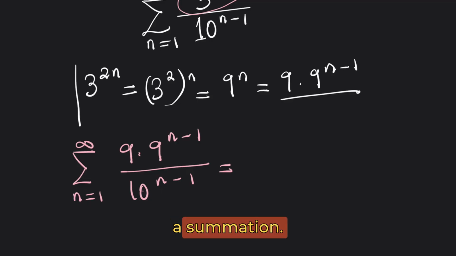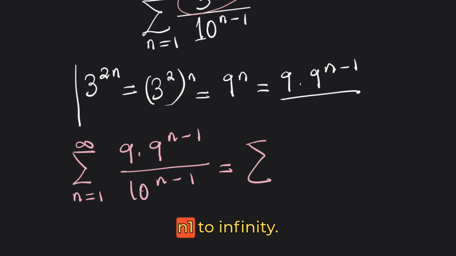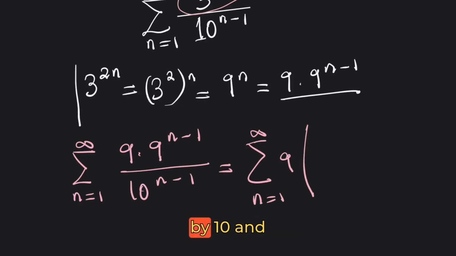So this is just a summation, n equals 1 to infinity, of 9. Now remember, 9 has n minus 1 and 10 has to the power n minus 1. So we can write this as 9 divided by 10, and this is to the power n minus 1.